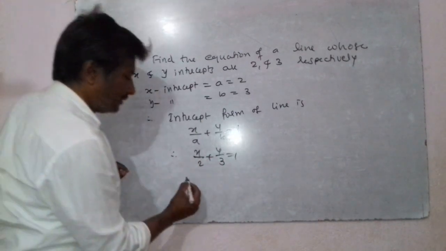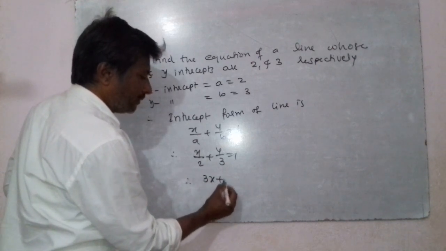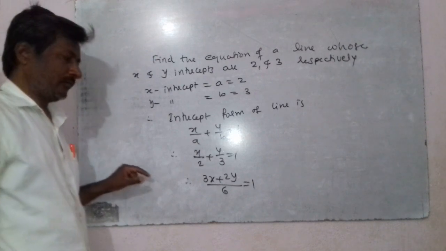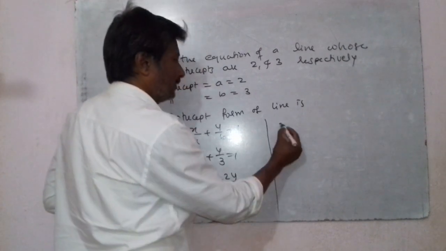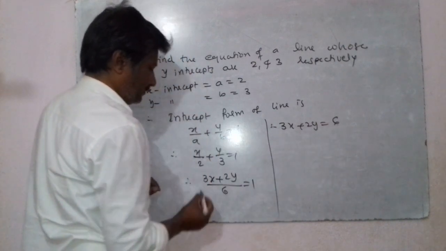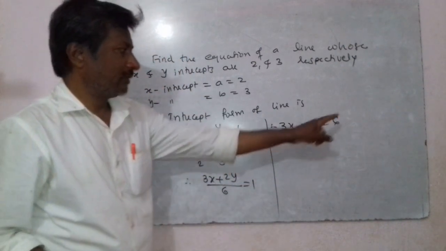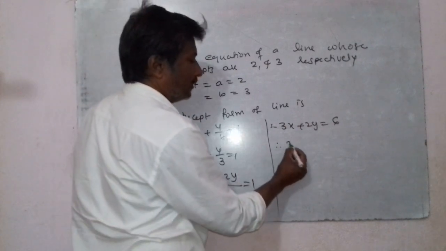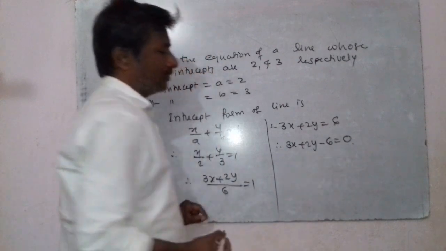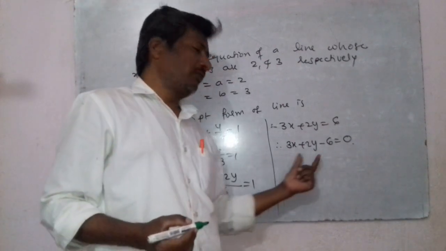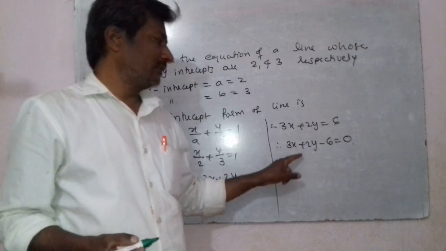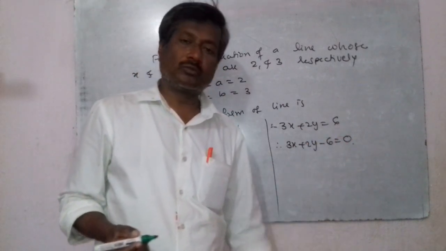Simplify this: 3x plus 2y divided by 6 equals 1, so 3x plus 2y equals 6. Therefore 3x plus 2y minus 6 equals 0 is the equation of the line when intercepts are given.